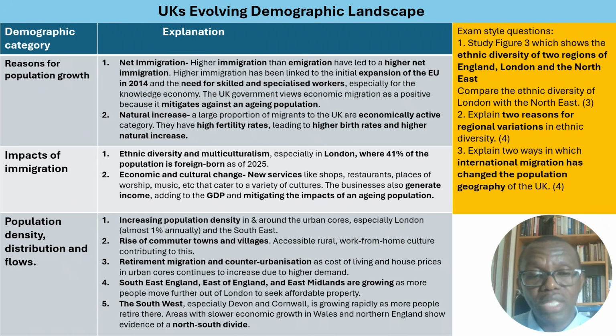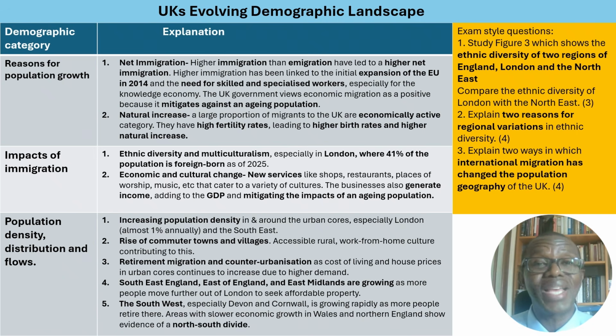Now, the areas with slower economic growth include Wales and Northern England, and those then lead to what is referred to as the north-south divide, because we do know, and as we are going to look at later on, that the northern areas of the UK experienced economic decline as the old economy declined here in the UK, and were not necessarily able to recover fully from the decline of the old economy.